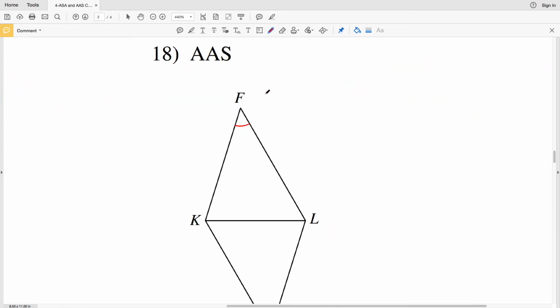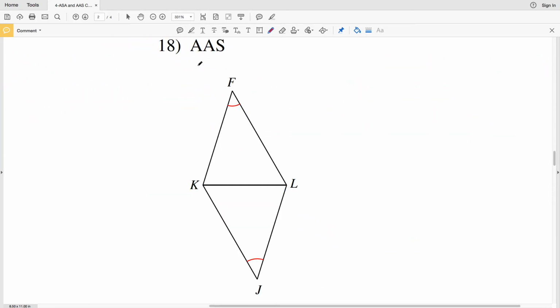And lastly in this worksheet, number 18. For 18, the reasoning it gives us is angle, angle, side. So we need to use a non-included side. The side that we have congruent is KL, since KL is congruent to itself. So we need to pick an angle that makes this the non-included side. And we have two separate options.